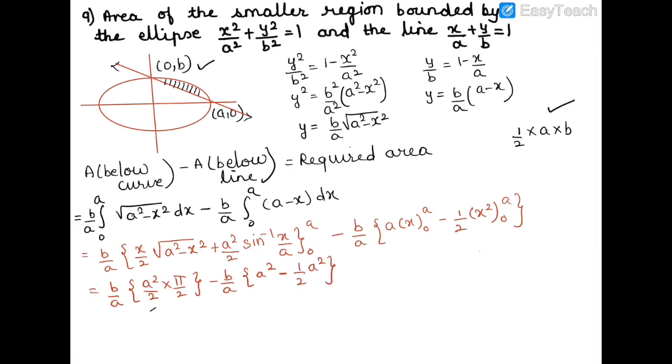So the second part will give me a square minus half a square, which is 2a square minus a square by 2, and that's equal to a square by 2.